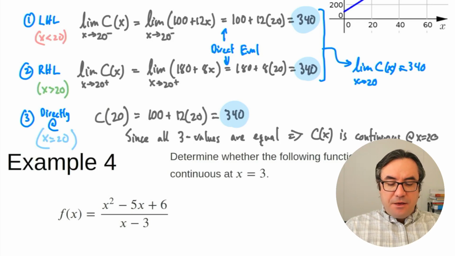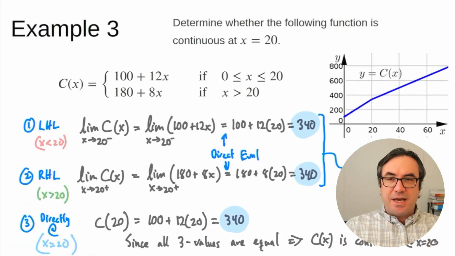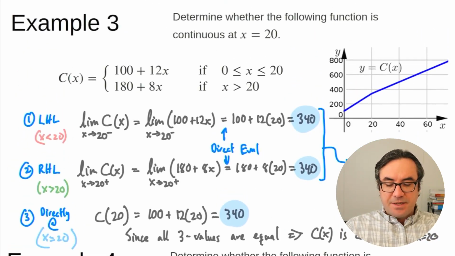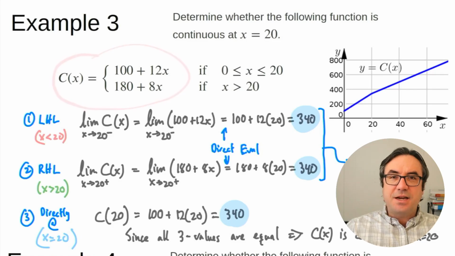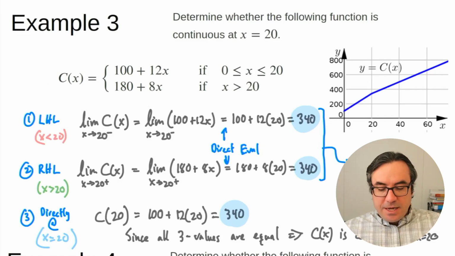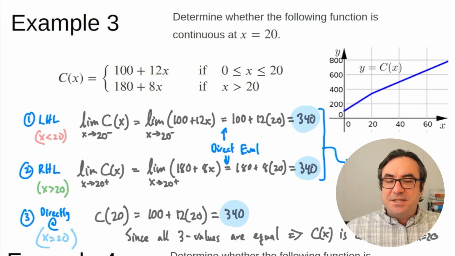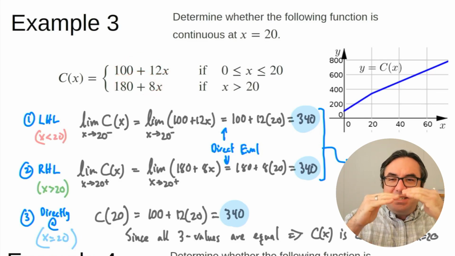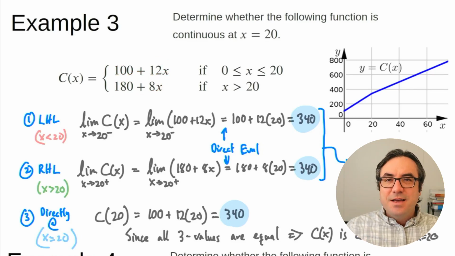These piecewise functions, like c of x, are a common type of problem for checking continuity, because normally each of the pieces is continuous, but where the pieces come together, they might not match up exactly.